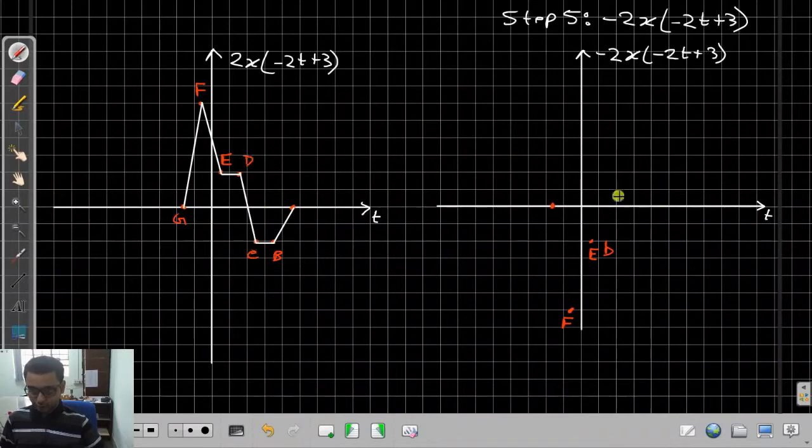C will become positive. B will become positive, and this was point A, that will remain as it is. A, C and B. Let me join.